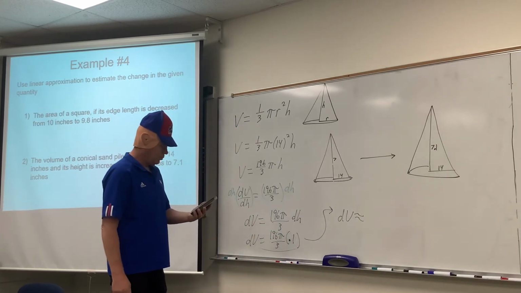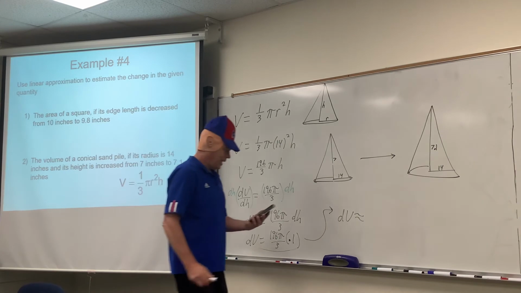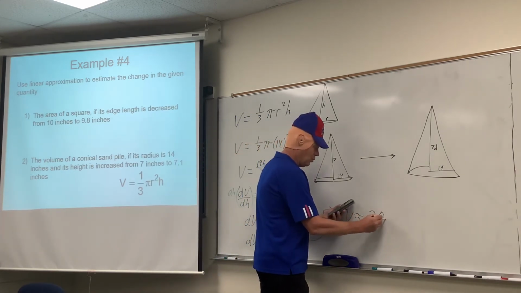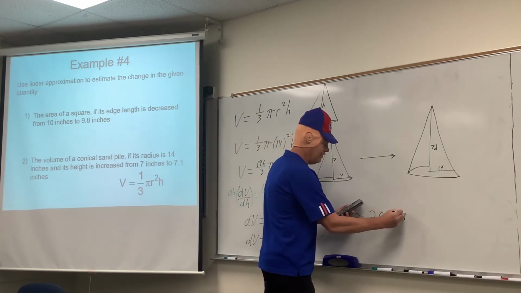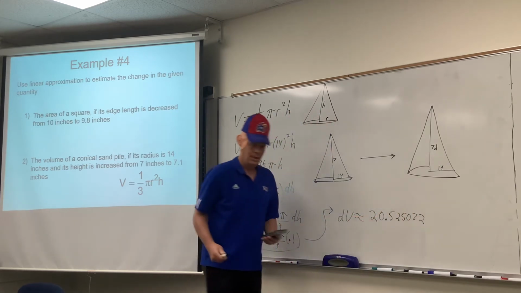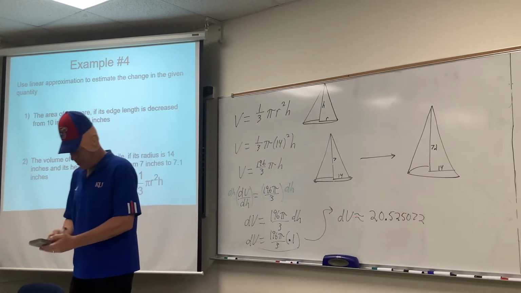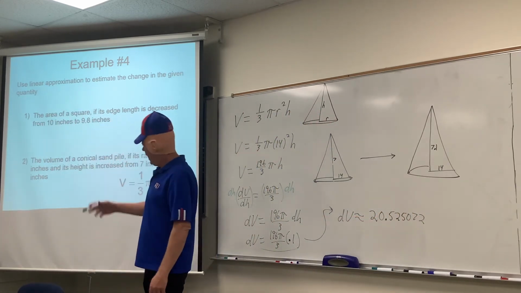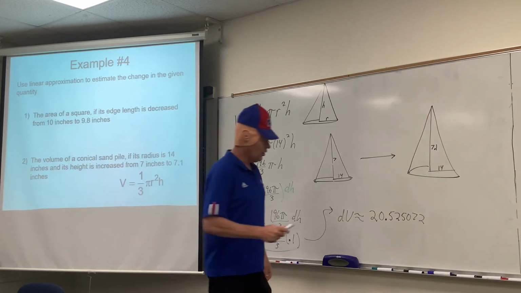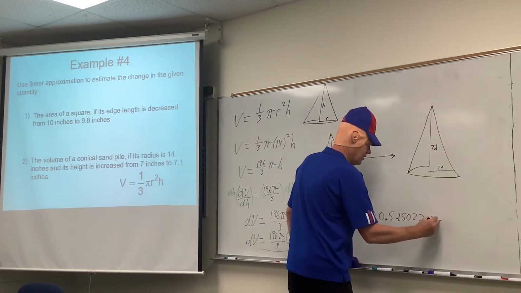I am looking at it one more time to confirm, and it looks like it's 20.525072. All right, and volume, keep in mind, would be cubic inches. So this would be cubic inches.